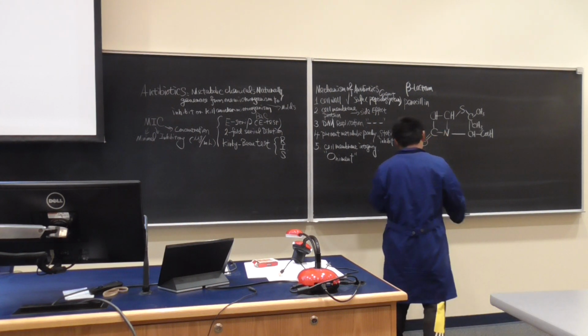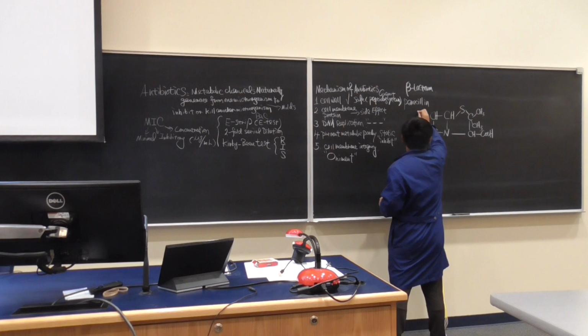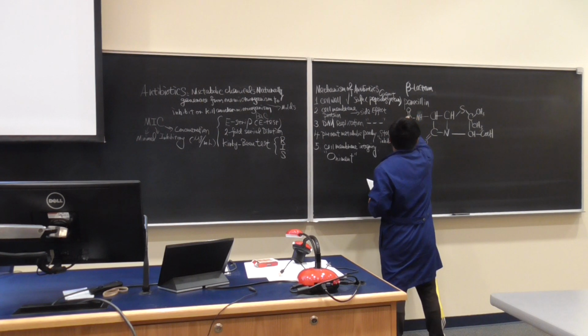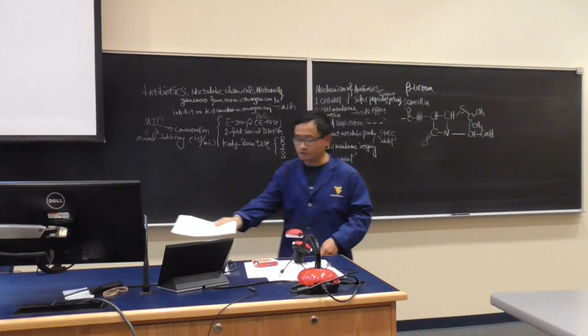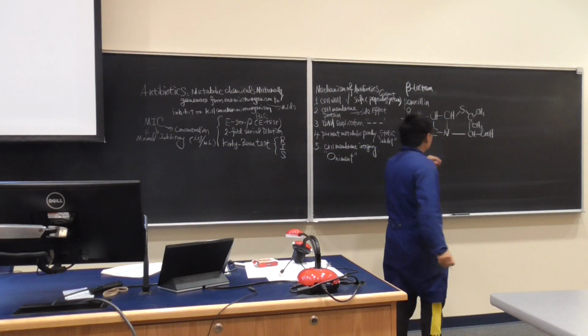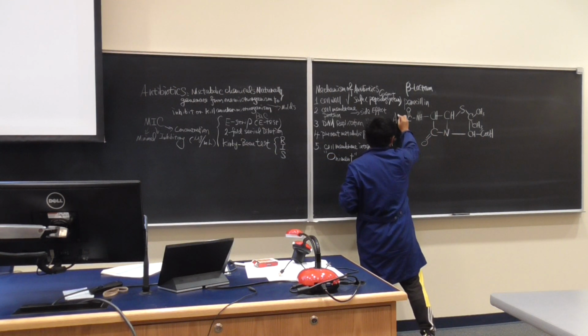And then from here, you will see basically a C, we have an NH, then a C. This is basically a base, and here is usually an amino acid base.